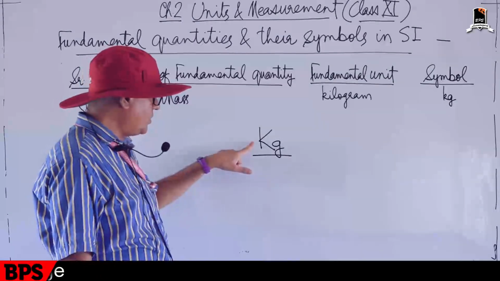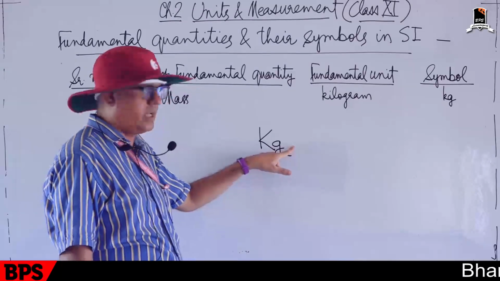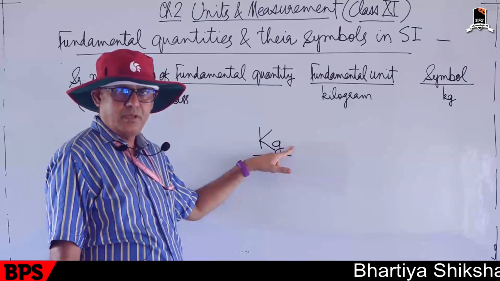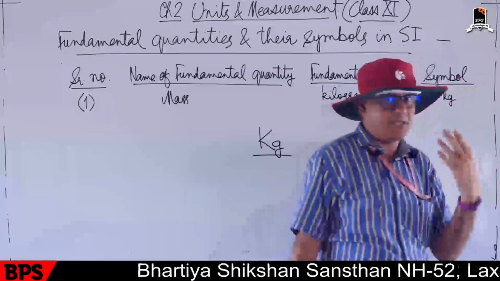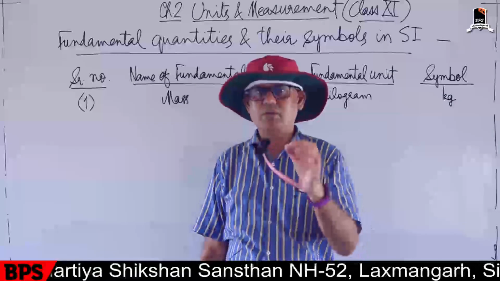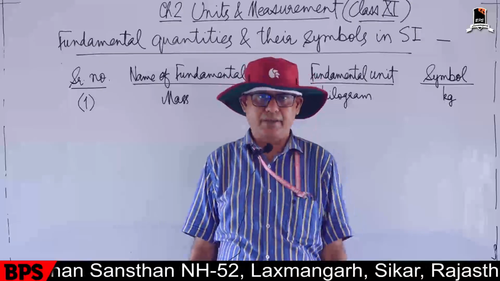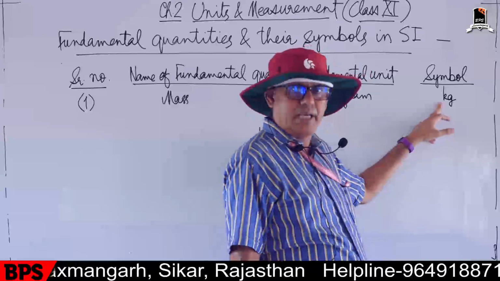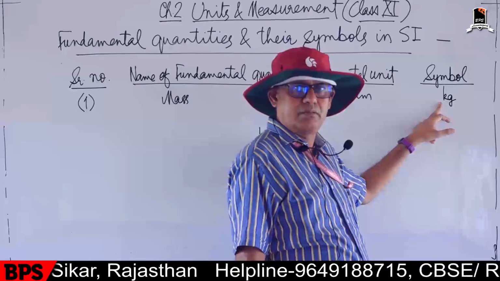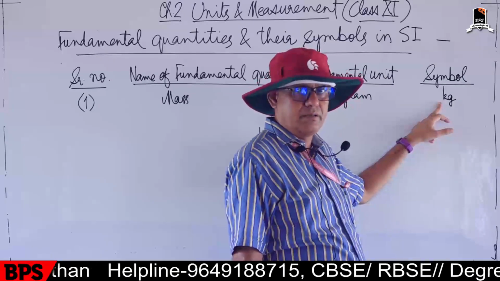It is actually Kelvin into gram. For kilo means 10 raised to power plus 3, we always use small k. Prefix is small k for 1000. Kilo means 1000.